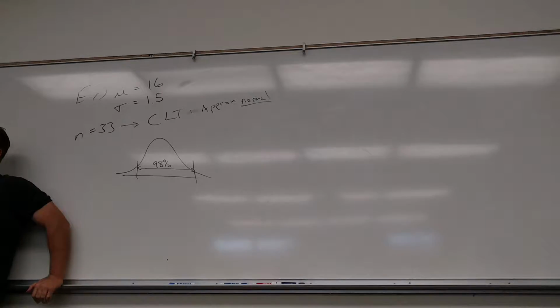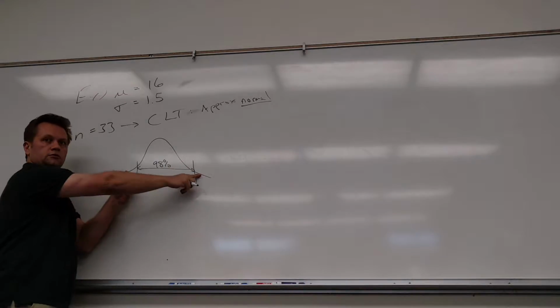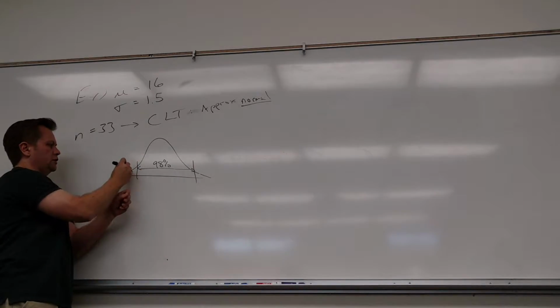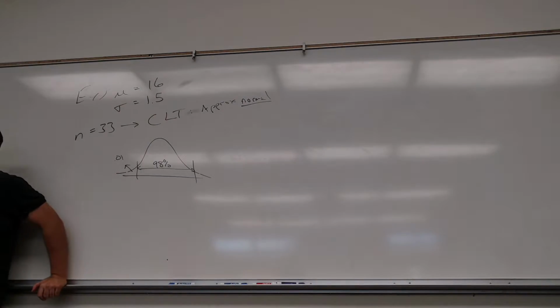You could be a lot more specific, can't you? Everybody got their z-score chart back? So how do I figure this out? What area is out here? 2%. So what area is down there? 1%. So look up 0.01, see what z-score that is.